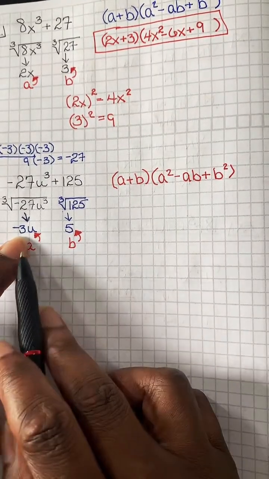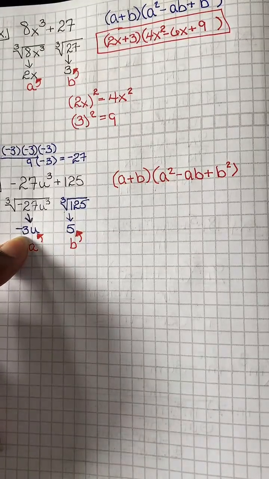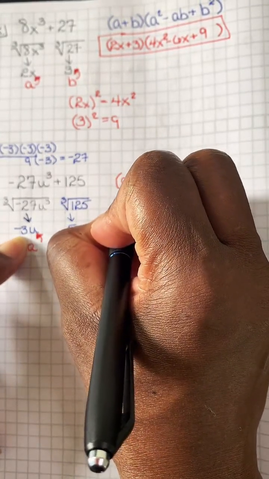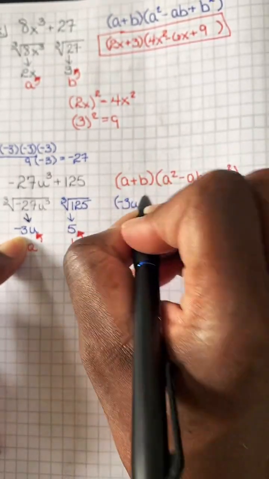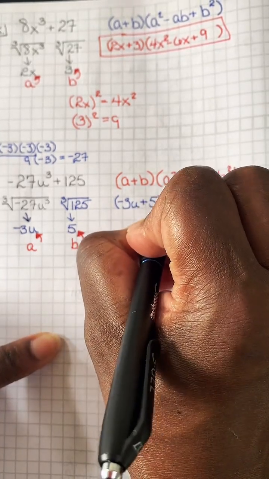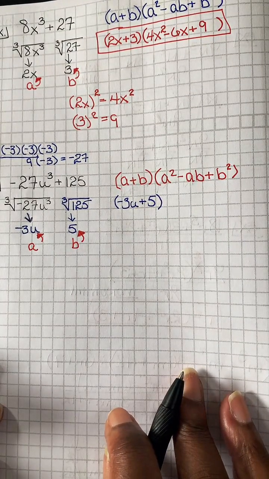So we're saying that -3u is going to be our A, and then plus our B, which is 5. All right.